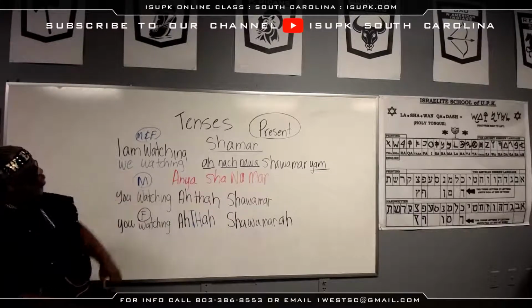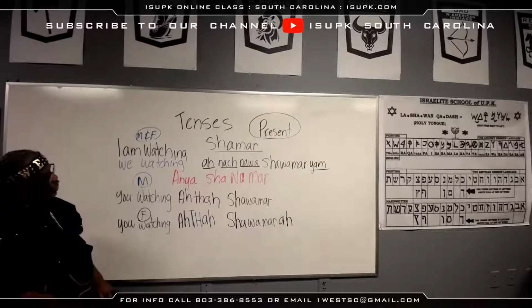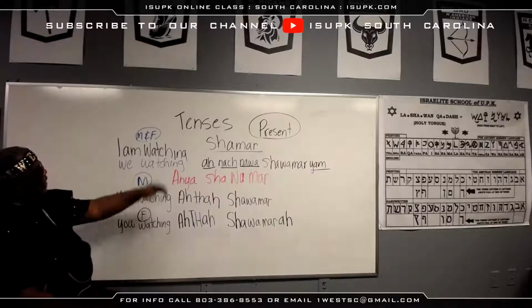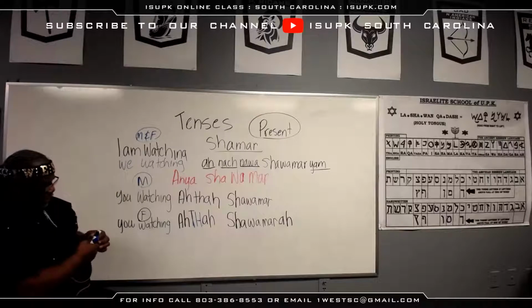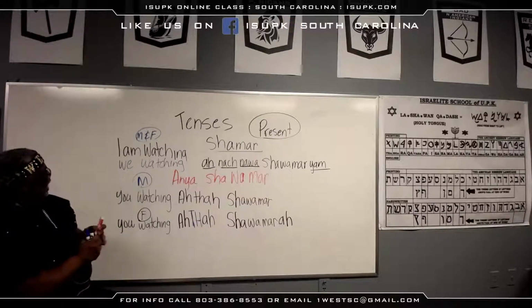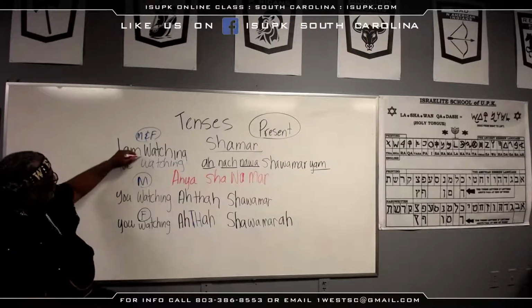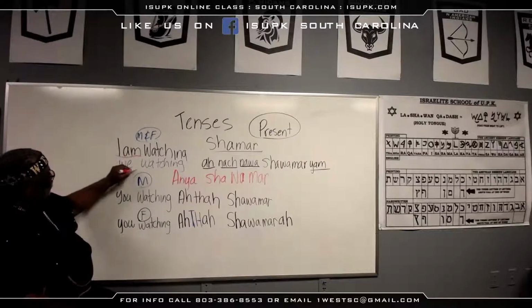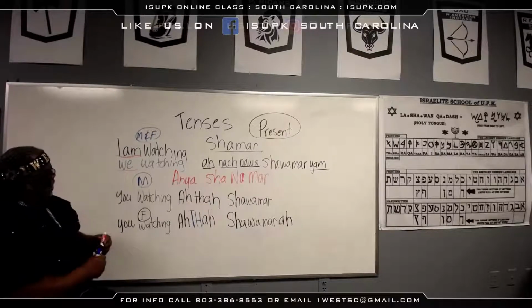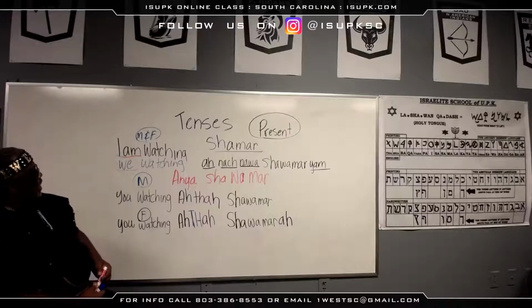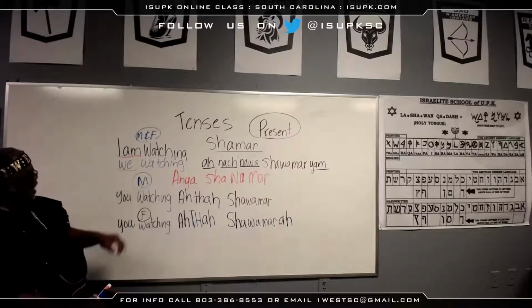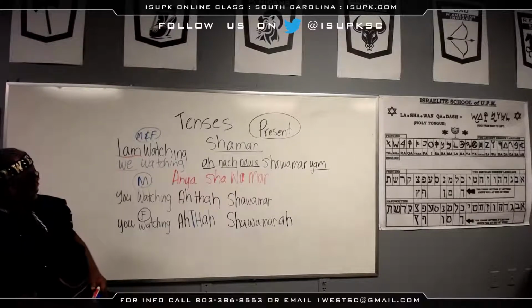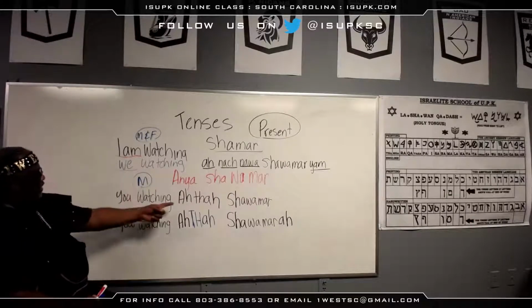We are watching, or we watch. We are. Those are tenses. So far we have I am, masculine and feminine, and we. In the masculine, anya shawamar, I am watching. Then you have you watch: in the masculine, it's atha shawamar.